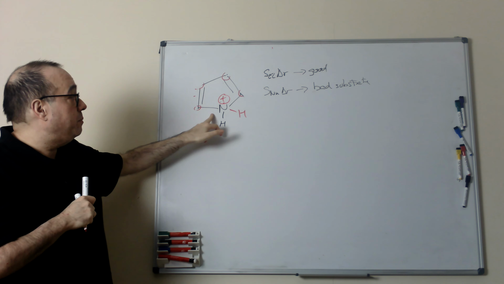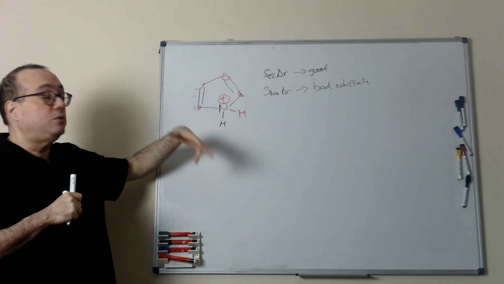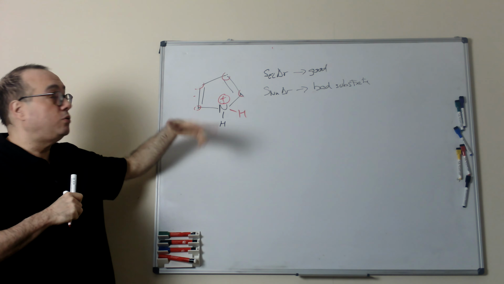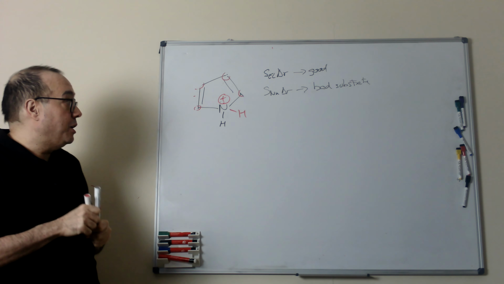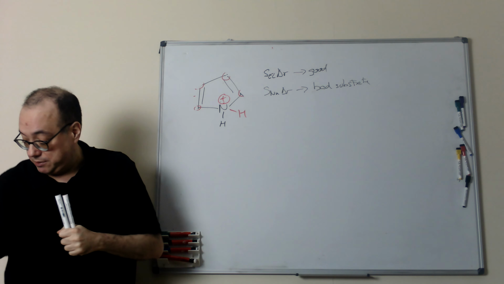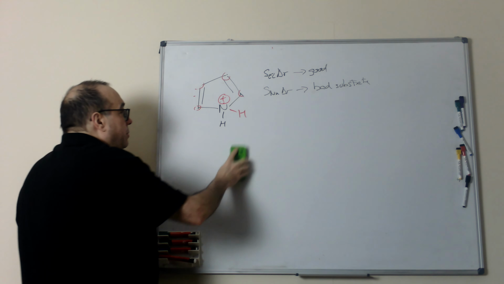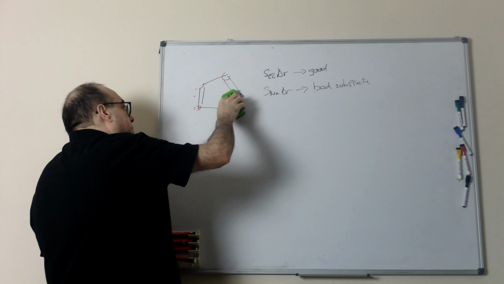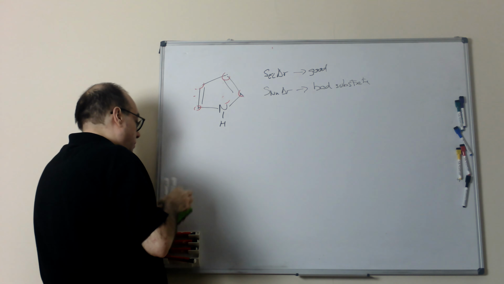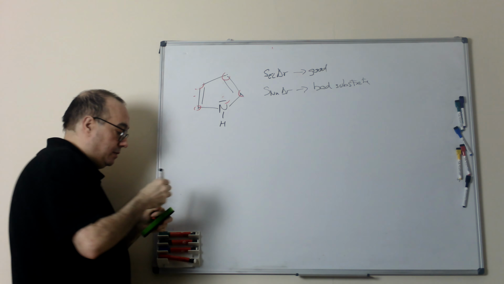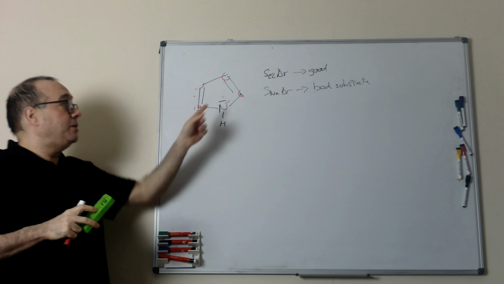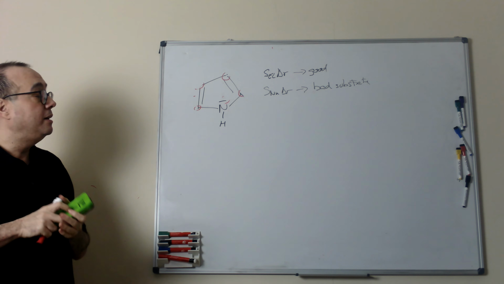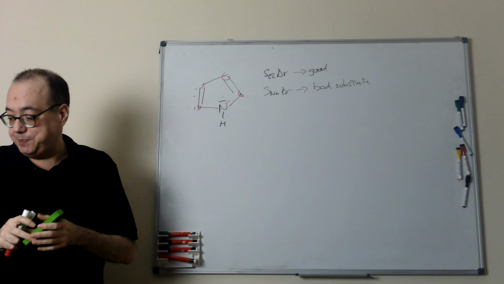If it's sp3, we don't have a pz orbital to form the p aromatic system, which means this compound becomes non-aromatic, and we know that this is not stable. It's better to be aromatic. For this reason, pyrrole is not basic, or only very slightly basic, because the pair of electrons of the nitrogen is not accessible.